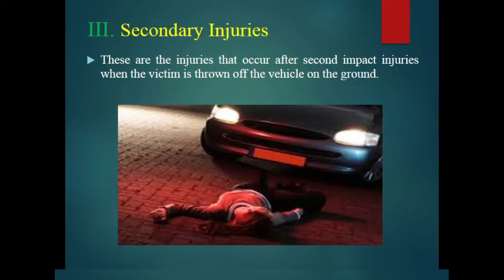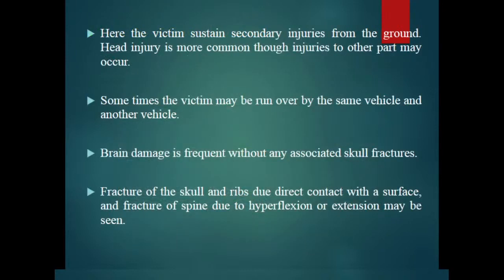Secondary injuries are seen when the victim is thrown off the vehicle onto the ground, or sustains injuries from the ground or other obstacles: walls of buildings, other cars, and other elements of the environment.